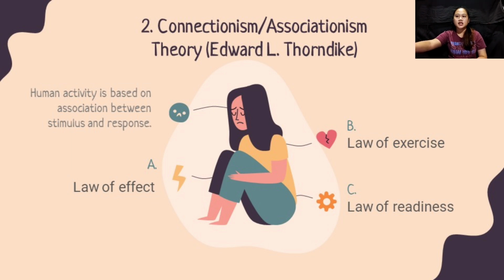So law of exercise, it is a behavior is more strongly established through frequent connection of stimulus and response. So last is law of readiness. So what is law of readiness? It is dependent upon the learner's readiness to act, which facilitates the strengthening of the bond between the stimulus and response.